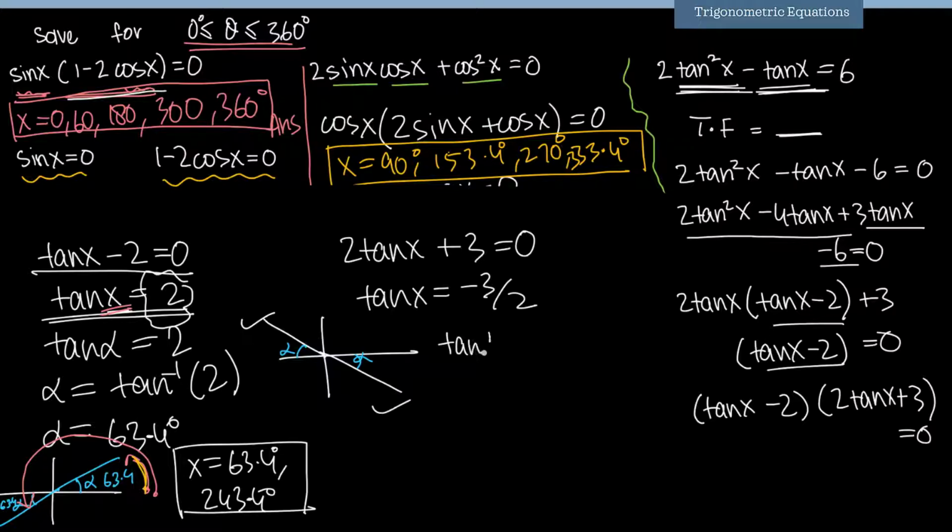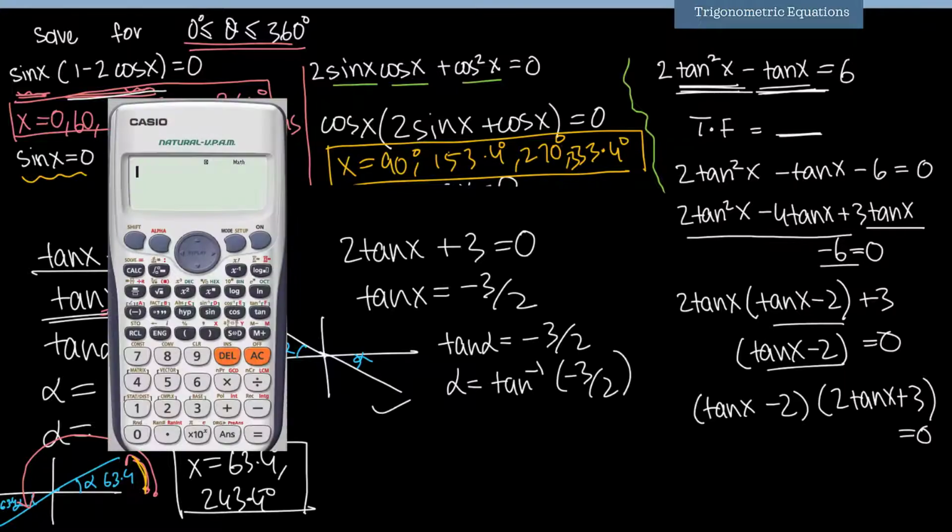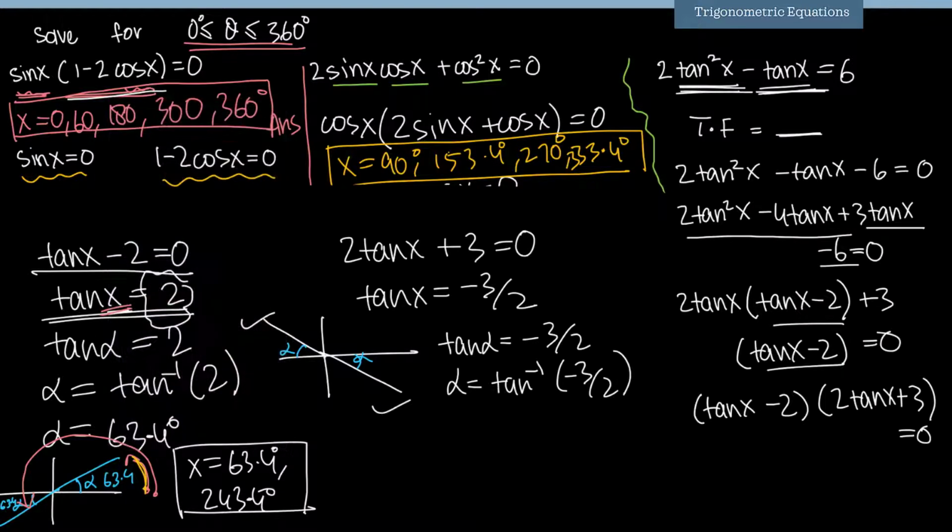So tan alpha is equal to minus 3 upon 2. Alpha is equal to tan inverse of minus 3 upon 2. And if I use the calculator to find tan inverse of minus 3 upon 2, I'll get minus 56.3. So alpha is equal to minus 56.3 degrees. This is the reference angle.